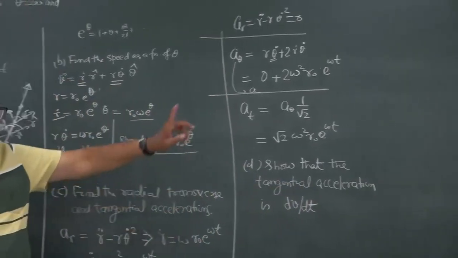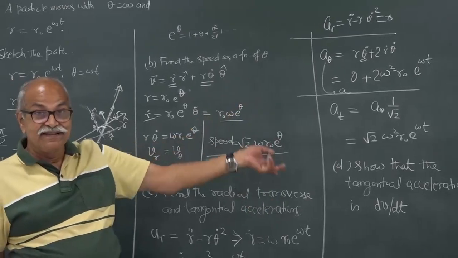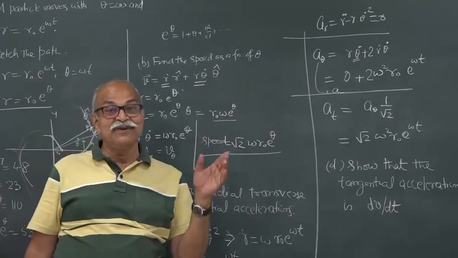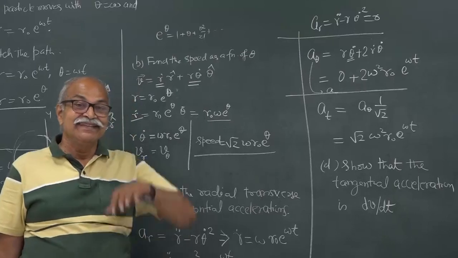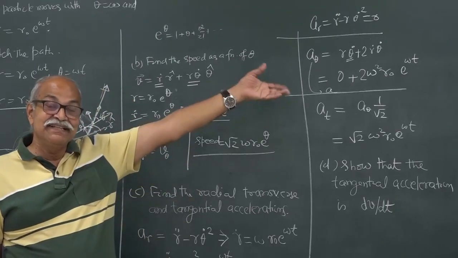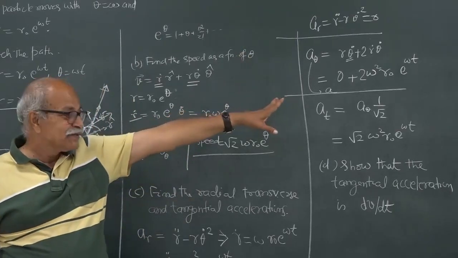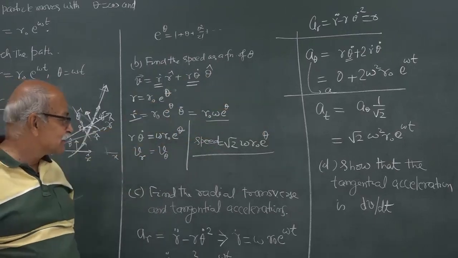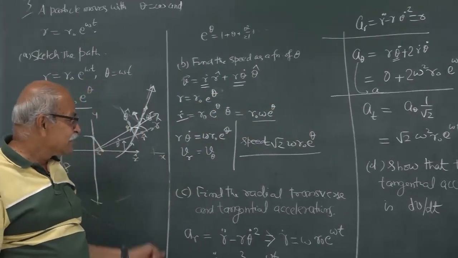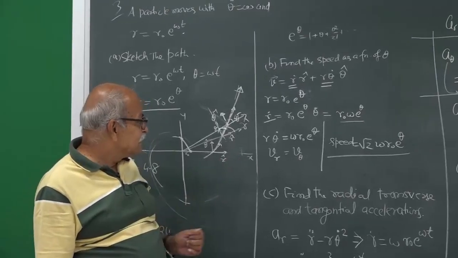In circular motion you must have studied that the radial acceleration is v square by r towards the center, and the tangential acceleration is dv dt, rate of change of speed. That we generally do for circular motion, but here if I do this dv dt, what is the speed?